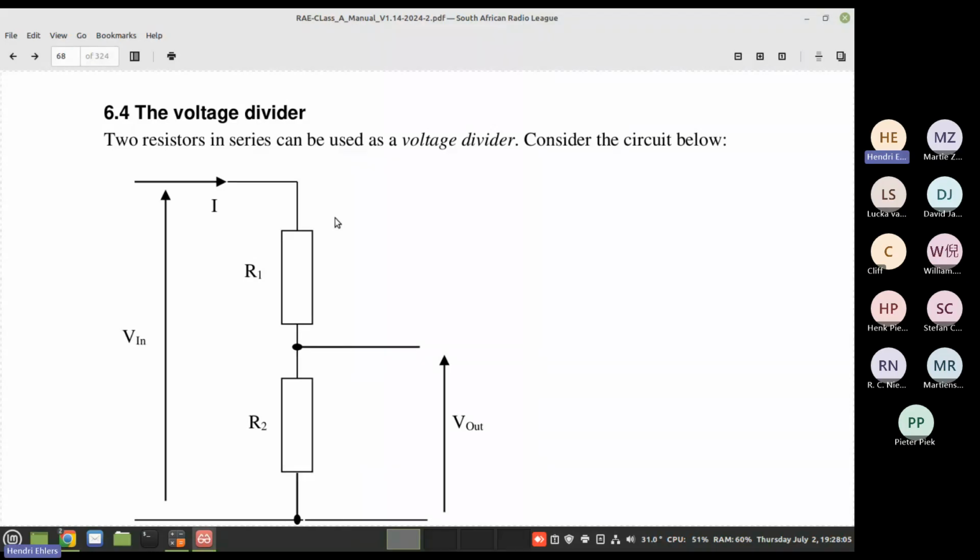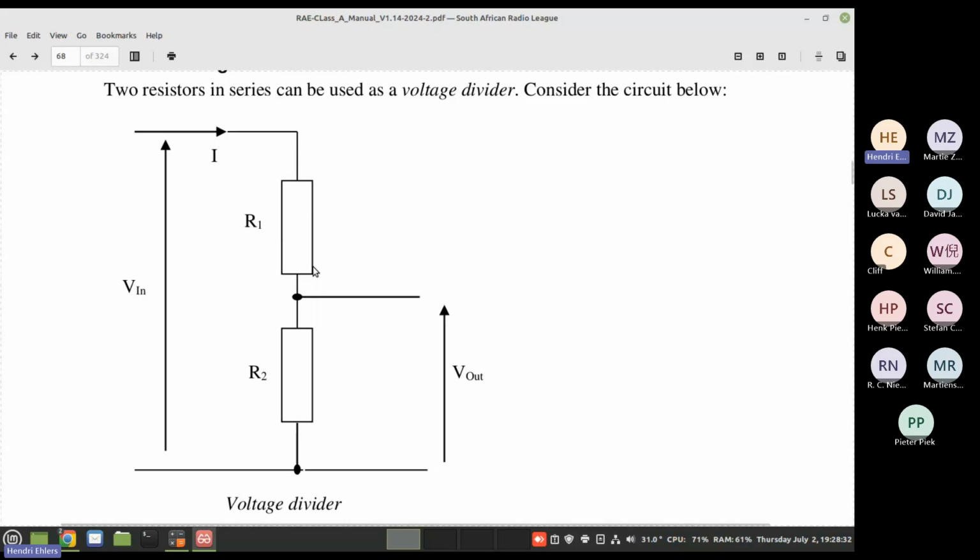But your analog input on the Arduino is maximum 5 volts. So now you need a voltage divider so that you can use a percentage and a ratio of the full voltage on your Arduino without the smoke escaping. So that is where you're going to use a voltage divider.